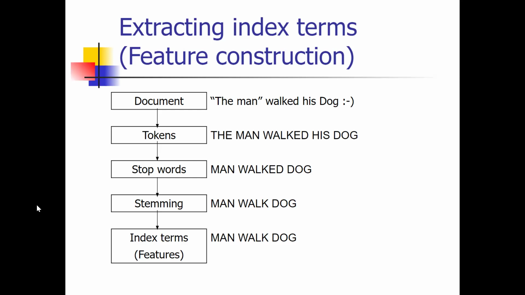Then you remove any stop words. The articles and pronouns were removed, and then you will get man, walk, dog. You use the stemmer to get into the root form, walks into walk, and then you end up with your features. So you can see now, we start with "the man walks his dog". The index terms, we filter the text until you get 3 words.